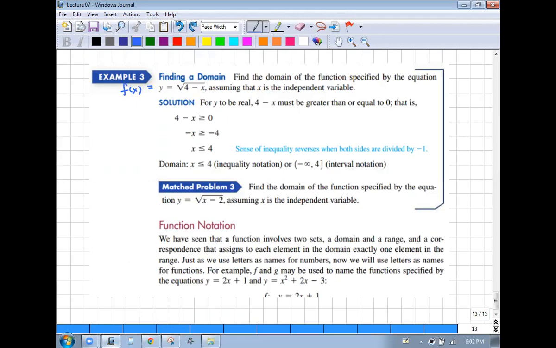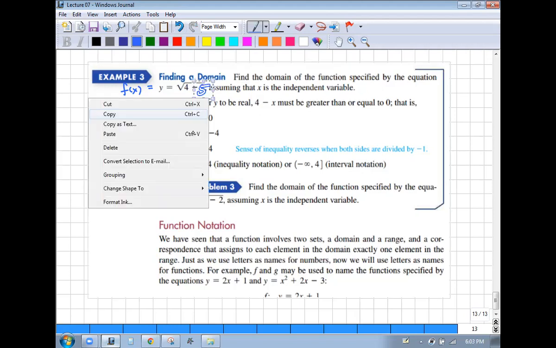But the thing is you cannot take the square root of a negative number in this class. After this class, you can do it all day long, okay? Because you get imaginary numbers or complex numbers. So if we're restricting our world to just real numbers, the domain here, we can't plug in a 5 because I would have 4 minus 5. I'd be taking the square root of -1. And that doesn't make sense in here, right?